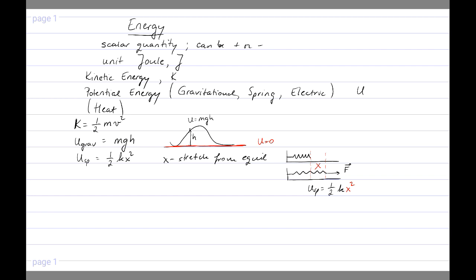So now let's see how these different forms of energy convert from one form to another. So let's say that we have an incline, and then I'm going to put a spring at the bottom here. Let's say that that's ground level, and let's say that there is no friction along this path, so mu equals 0.